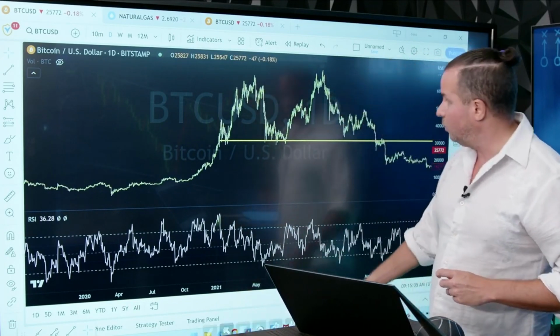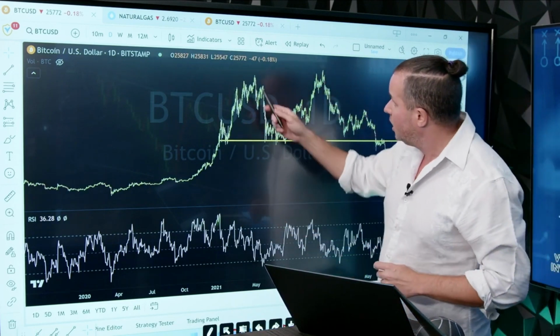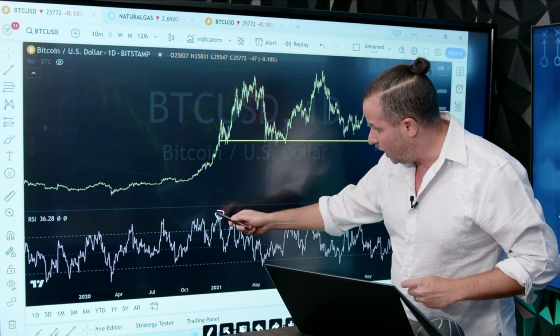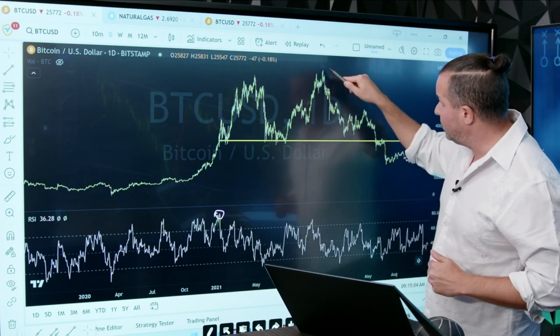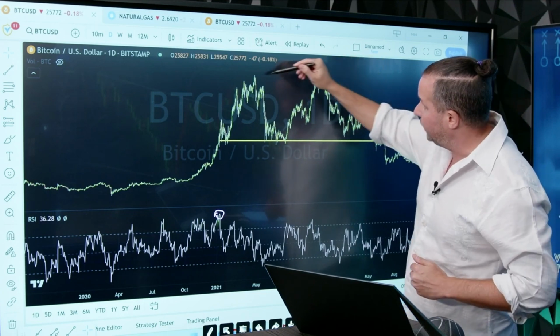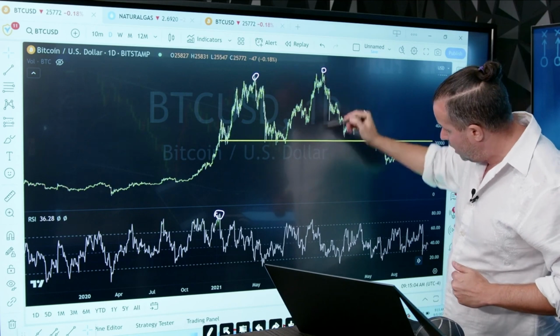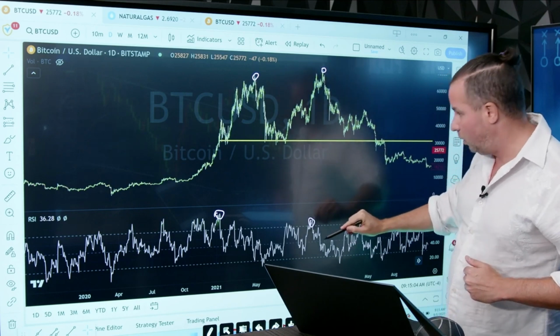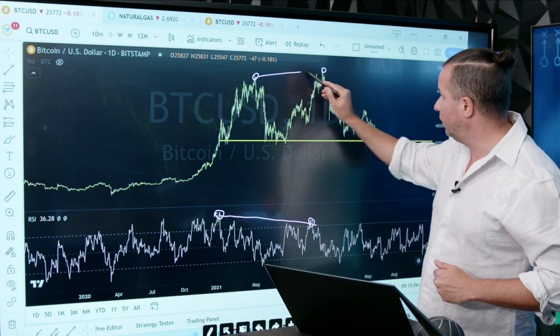And with Bitcoin, we already know what the resulting move was. So let's test our thesis. Here's your high on the RSI, matching those highs, right? Now, if we go to this high, which was clearly higher, this was 65,000, this was 69,000. Look at this, lower RSI. Look at that, but higher high.